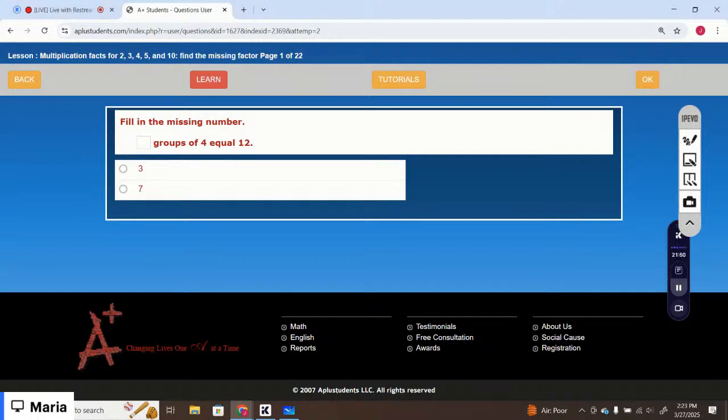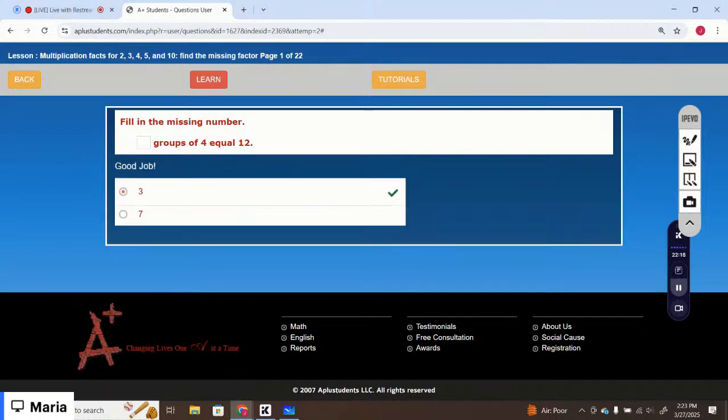Four times what number is 12? That is 3 times 4 is 12. Option number 1 is the correct option. That is 3.